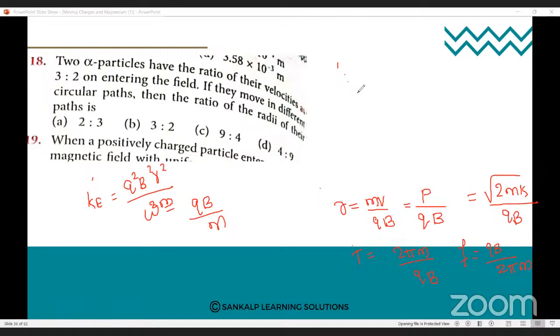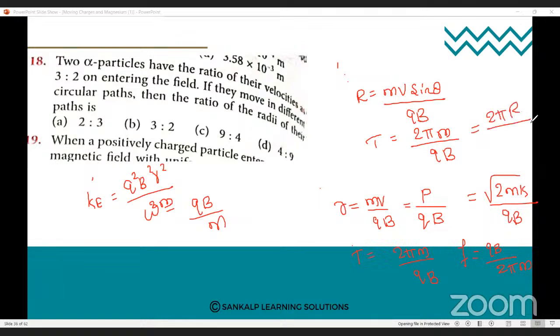If it is moving in a helical path, then the radius is given by mv sine theta divided by qB. Similarly, the time period is given by 2 pi m upon qB. We can take it in terms of velocity also, the formula becomes 2 pi r divided by v sine theta.